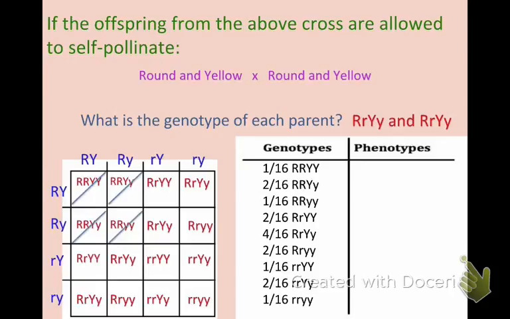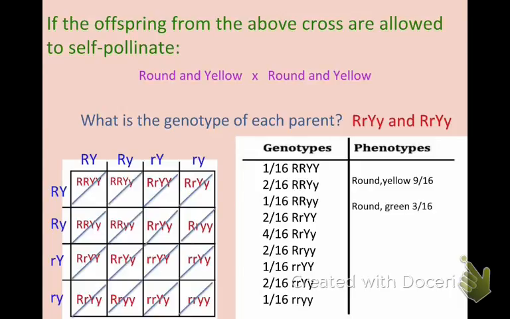So you do 1, then there's 2, then there's 1, and you go down the list like this. 1, 2, 3, 4, 1, 2, 1, 1, 2, 1. Okay? So the phenotypes are 9/16 of them are round and yellow, 3/16 are round and green, 3/16 are wrinkled and yellow, and 1/16 is wrinkled and green.